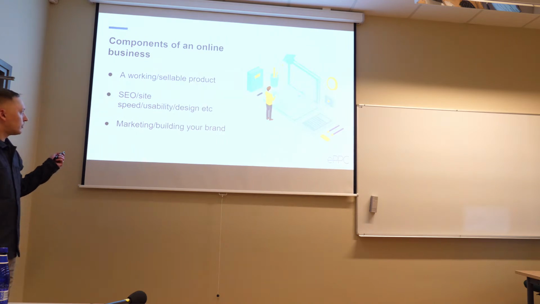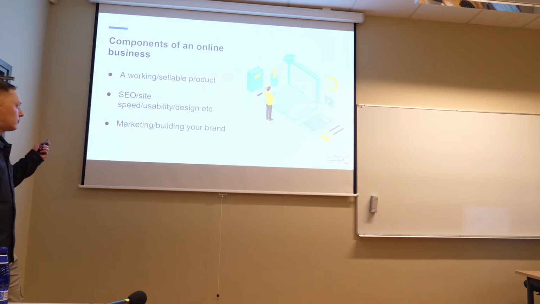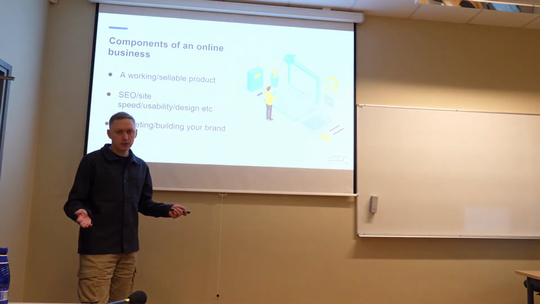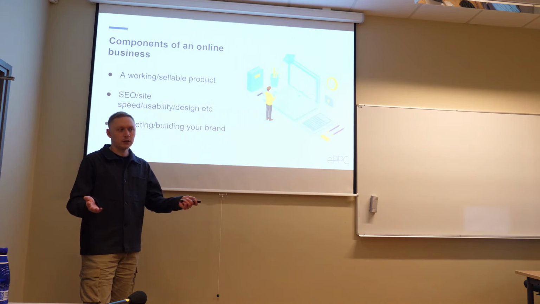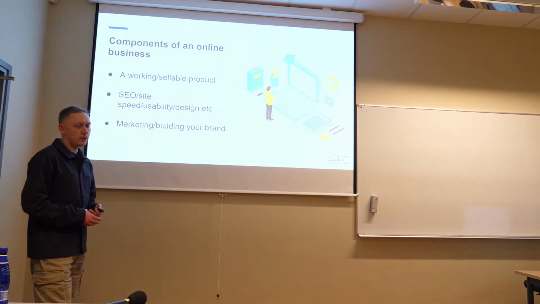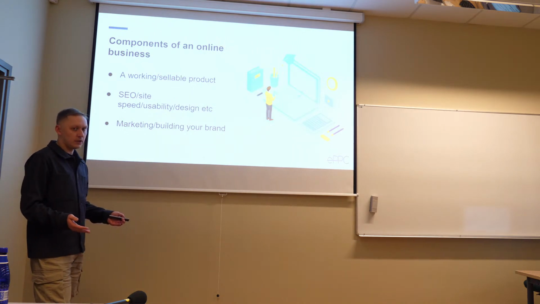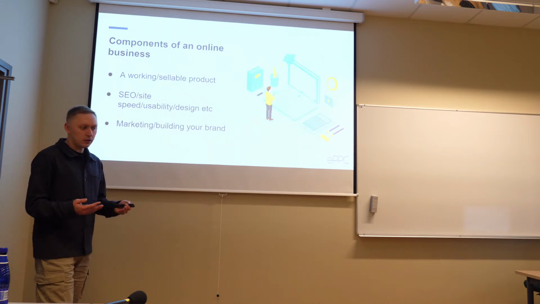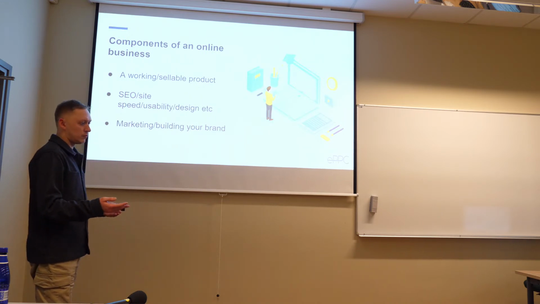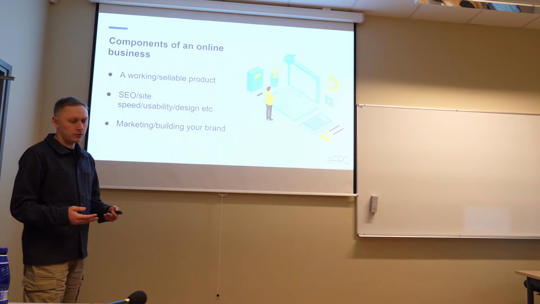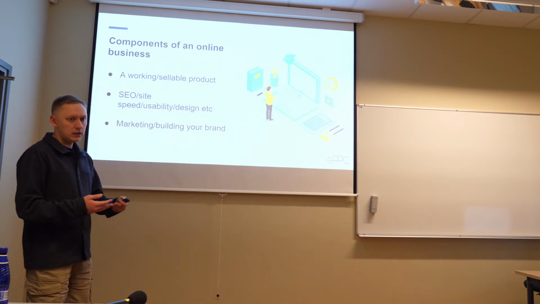And then of course the third thing that is really important is marketing your product, and also building your brand. When we talk about cost per click or pay per click advertising, the history of it started really around 2007 and 2008 when the recession hit, and more companies turned to analytics, so to say.